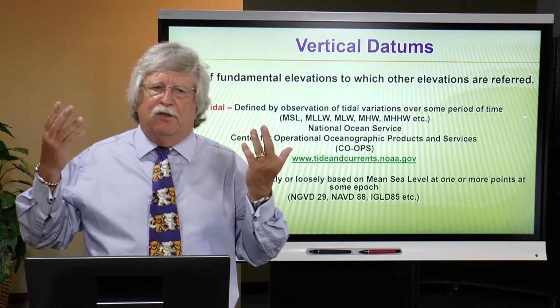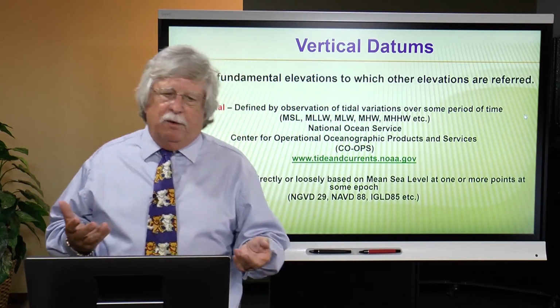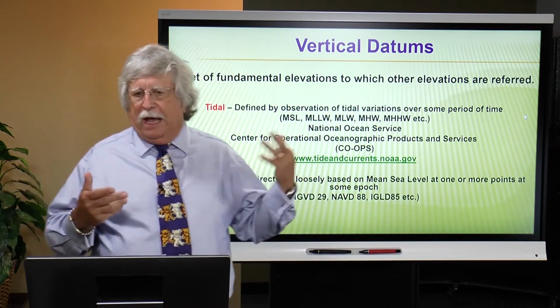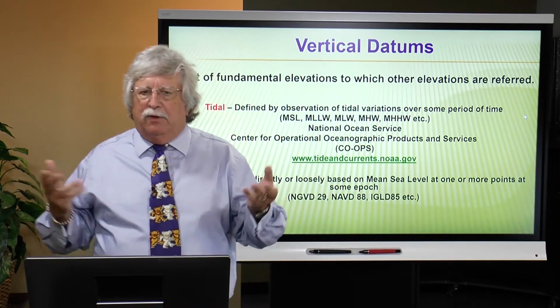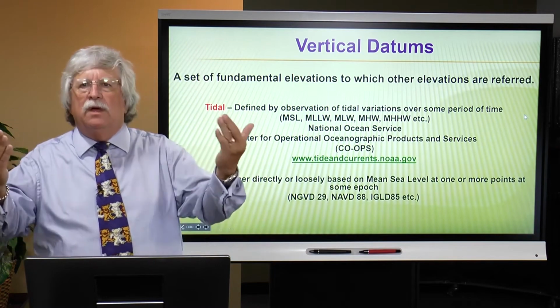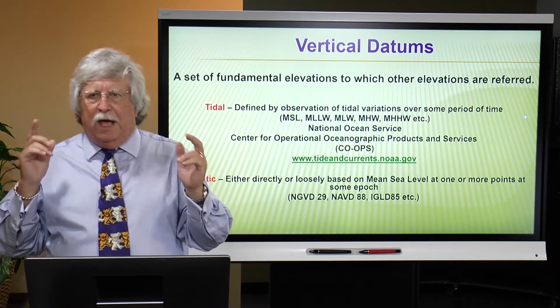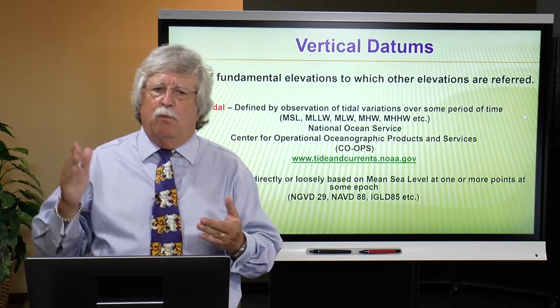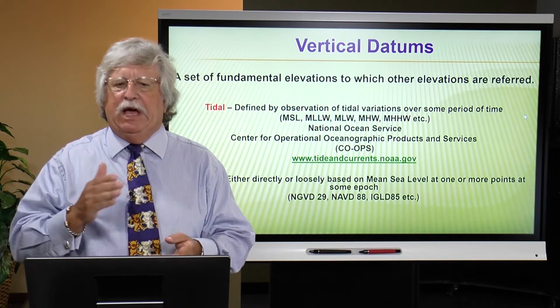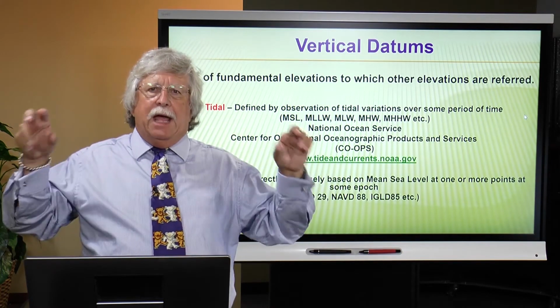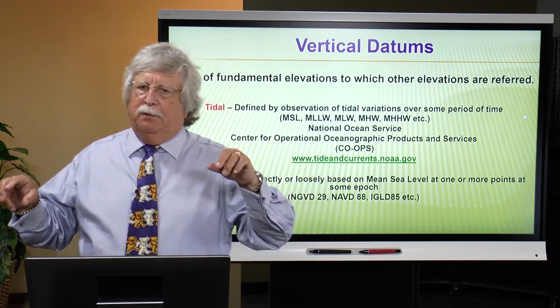So if I want to have a consistent height system, for example, from Maine to California, that's a geodetic datum. Even though there are going to be differences in tidal datums, the tidal regime on the East Coast and the West Coast and the Gulf, I want to have a consistent height system from one end of the country to the other. And the idea there is I'm going to connect it to those tidal datums.